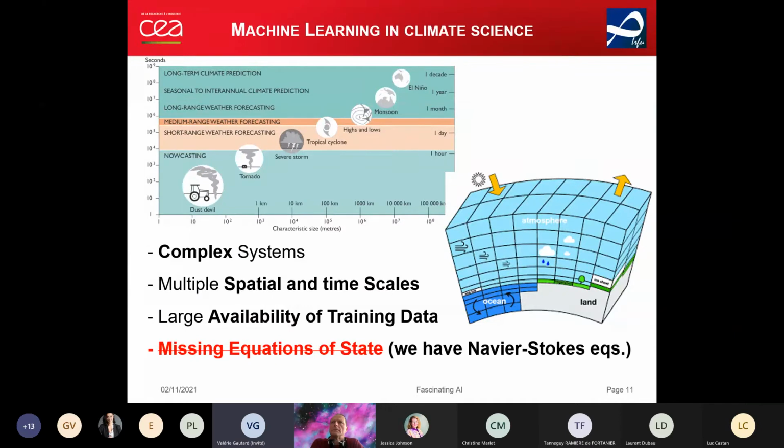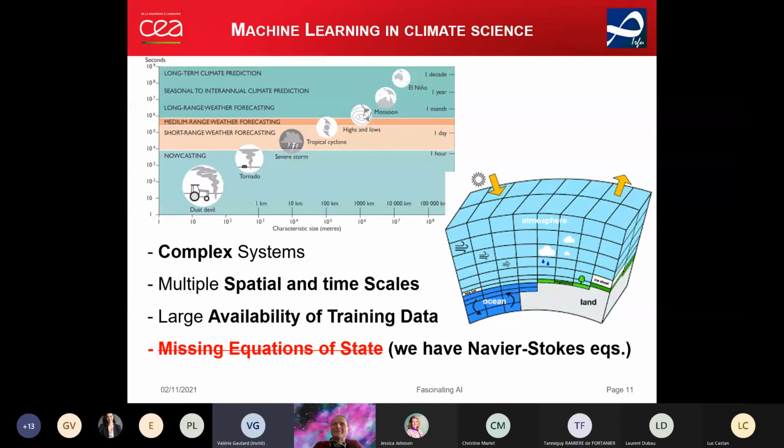Forecasting in climate science is very complex. Indeed, it is a multiple scale system in time and in the area you are looking at. We would like to predict weather at short term, a day, mid-term, a month, and long-term climate. So we may want to predict weather or climate at very different scales.